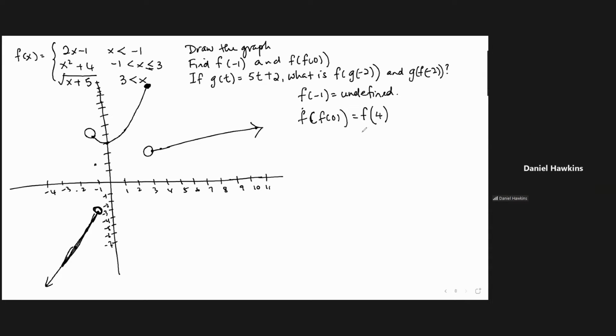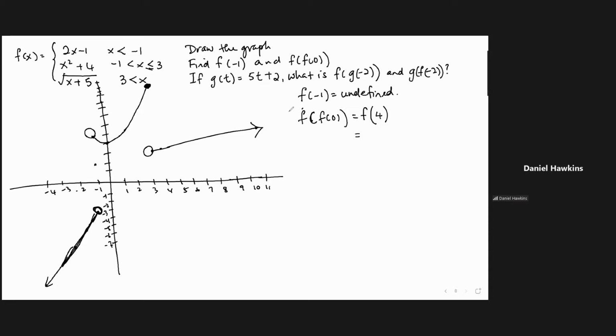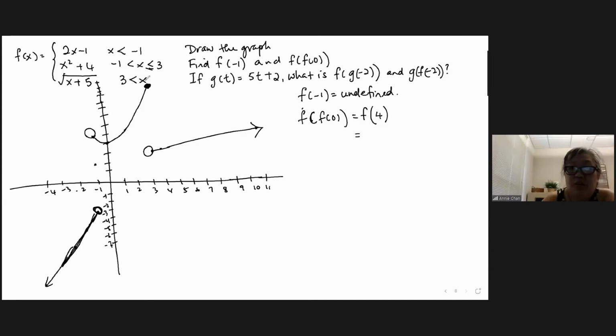Then you use the third equation, right? Yes, because x is greater than 4, right? So then this is going to be 4 plus 5 under a square root, that will be the square root of 9, and that is 3. Did everybody get that?